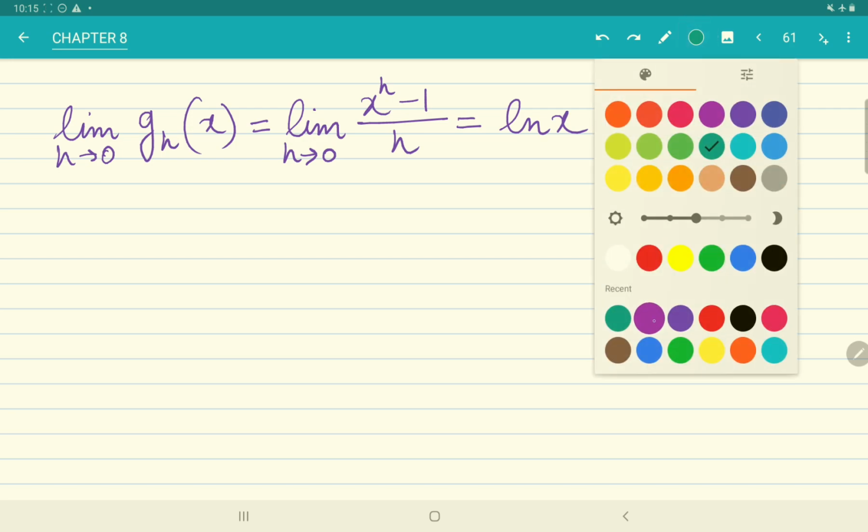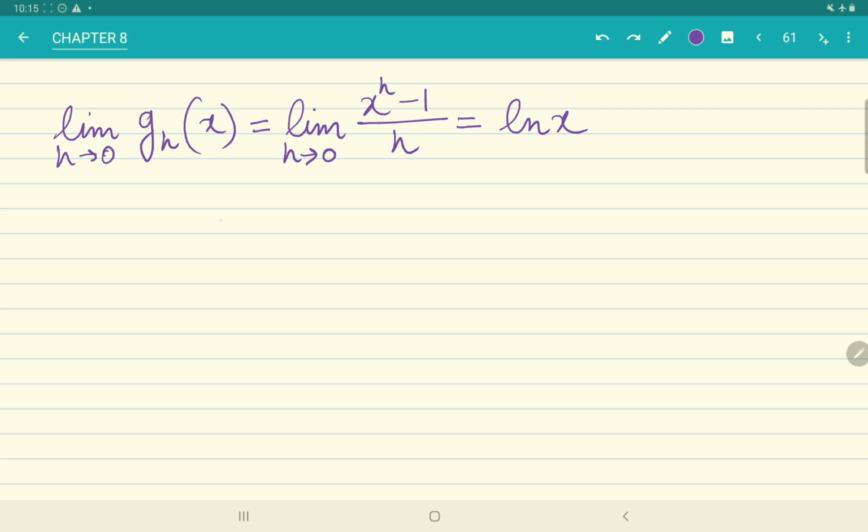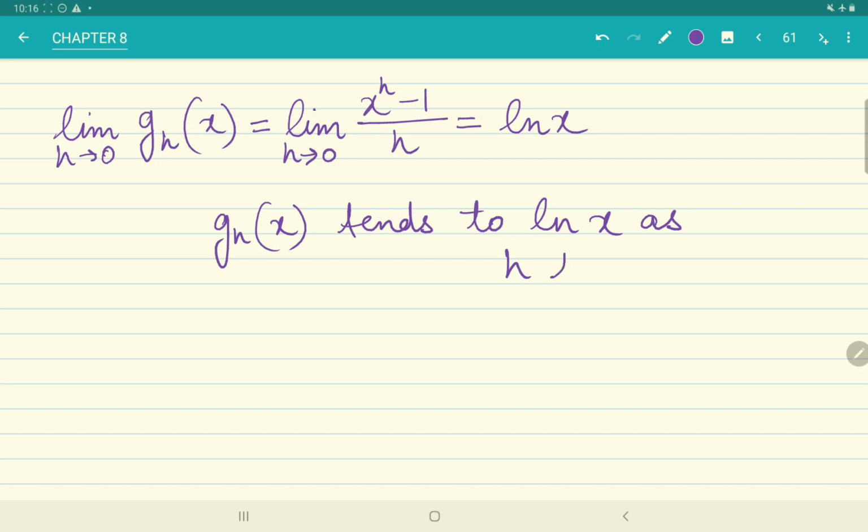What we want to show here is that g h of x tends to ln x as h tends to 0, and we will see that geometrically also.